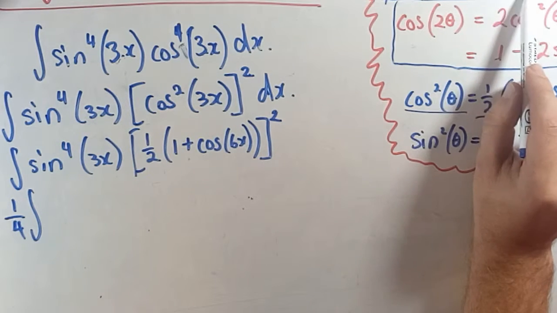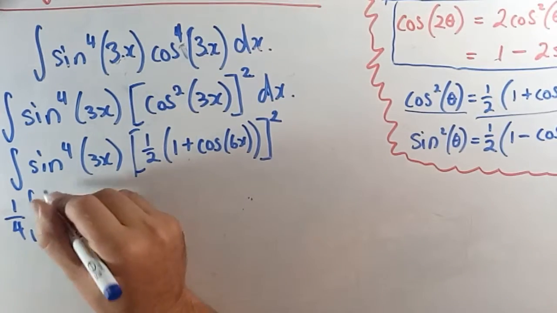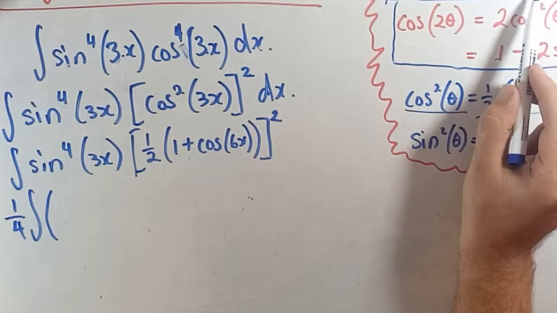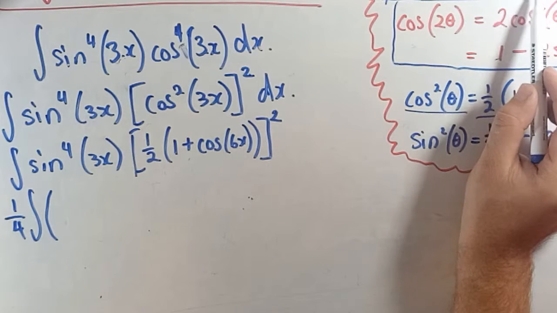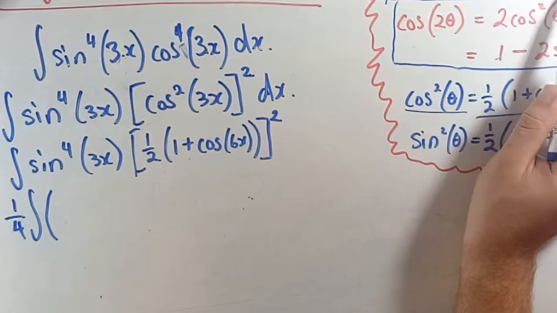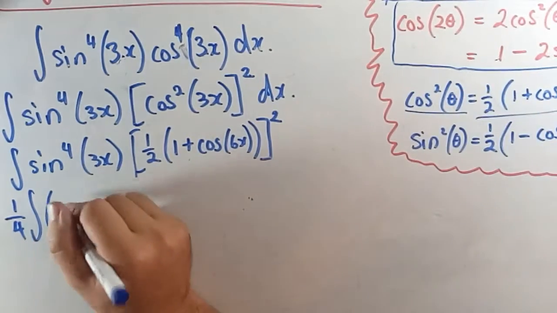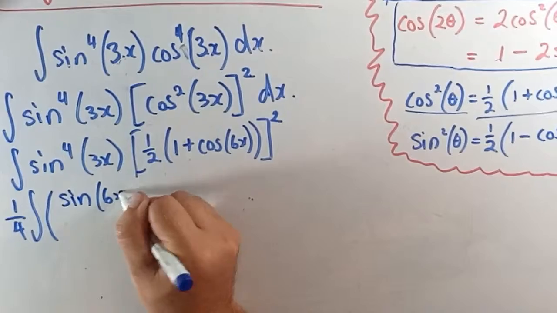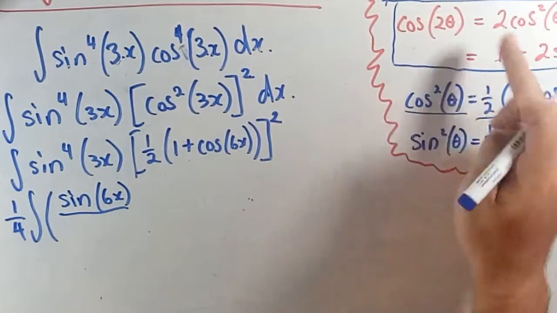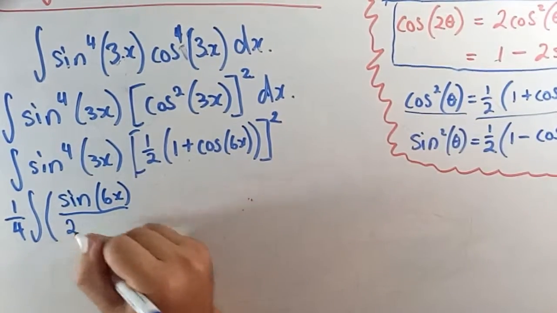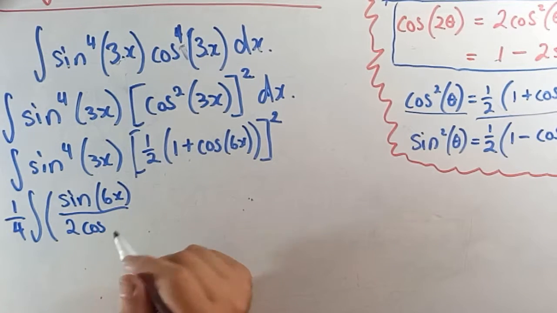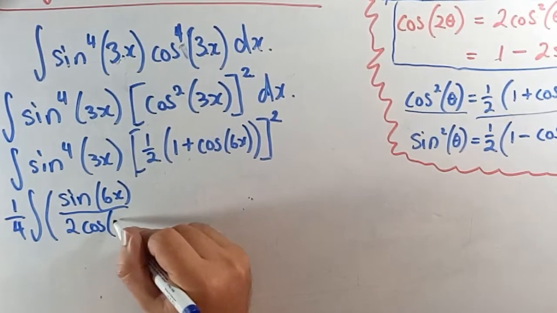So what do I have? I've got all this to the power of 4. So if I've got sine of 2 theta, which is sine of 6x, all over 2 cos of theta.